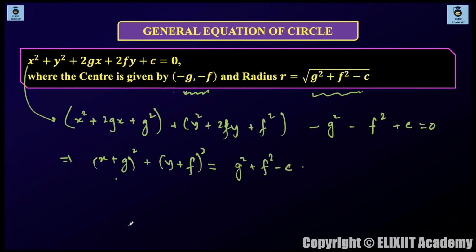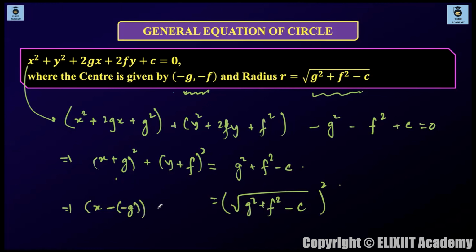Getting my point? Now can you relate with this? In the place of writing this to be g square plus f square minus c, I'll write this to be the square root of g square plus f square minus c, whole square. Now can you compare with this form? I'm writing this purposely as (x minus minus g) whole square plus (y minus minus f), like (x minus x1) or rather (x minus a) whole square.